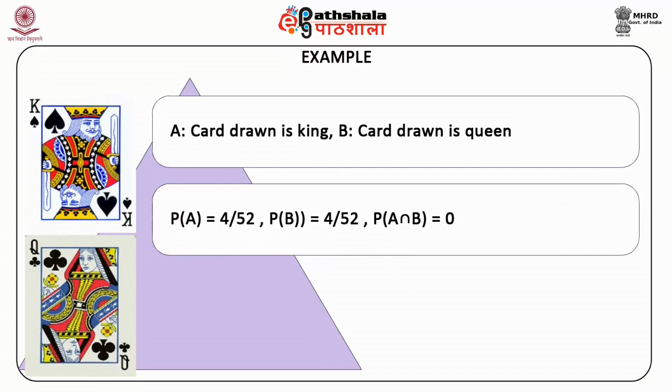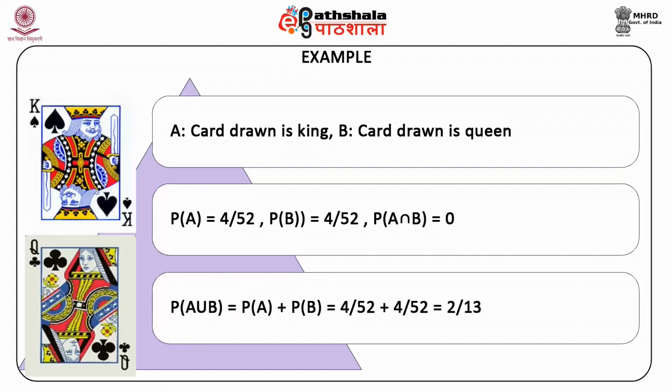Therefore, probability of A is equal to 4 by 52, probability of B is equal to 4 by 52, probability of A intersection B is equal to 0, since a card drawn which is a queen cannot be a king. Probability of A union B is equal to PA plus PB is equal to 4 by 52 plus 4 by 52 equal to 8 by 52, which is further equal to 2 by 13.